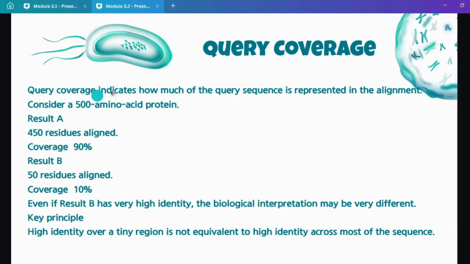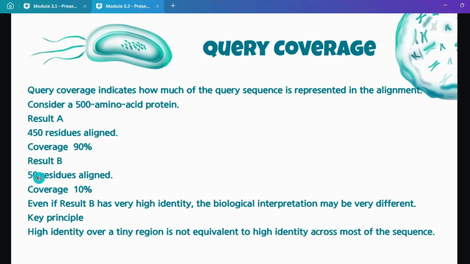Query coverage indicates how much of the query sequence is represented in the alignment. Consider we have a 500 amino acid long protein, and result A shows 450 residues aligned. That shows the coverage is 90%.